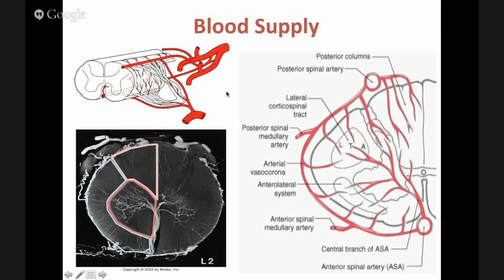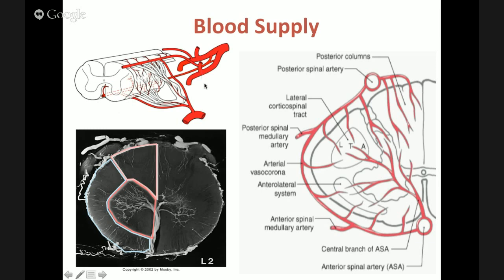And so generally both the posterior and the anterior spinal arteries are derived from the vertebral arteries, although there can be some variation in this. Sometimes the posterior spinal can be derived from PICA.